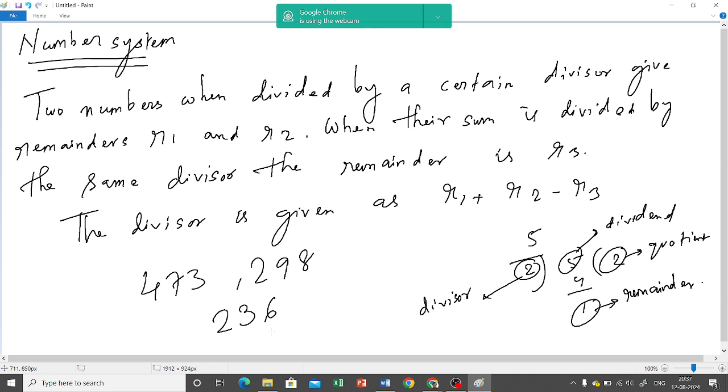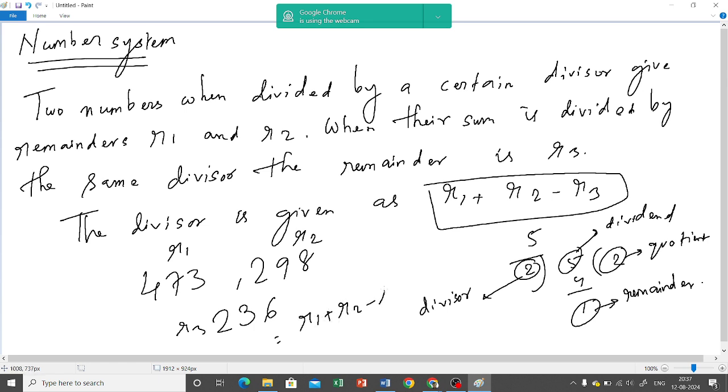535. No, why 535? So this is R1, this is R2, this is R3. So what is the divisor? Wait, let me calculate: 473 plus 298 minus 236.